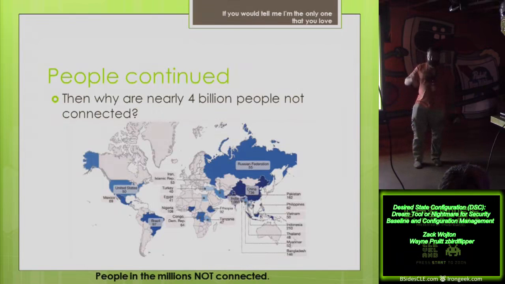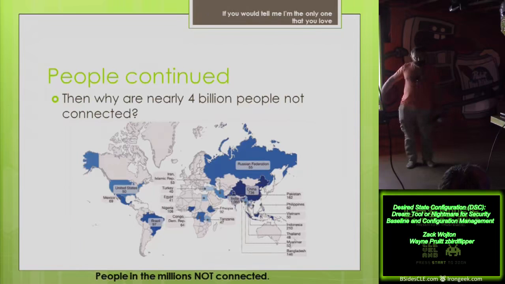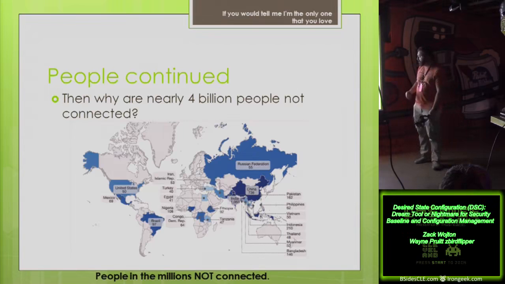It would be an injustice to connect them, and we are in a rush to connect them. Africa's blowing up, all these underpopulated third world countries, we're dumping connectivity on them. It's an injustice not to be secure when we hand them any type of connectivity. I think it's completely wrong that we're rushing, pushing out connectivity without it being secure. Can DSC help? Yeah, it can.